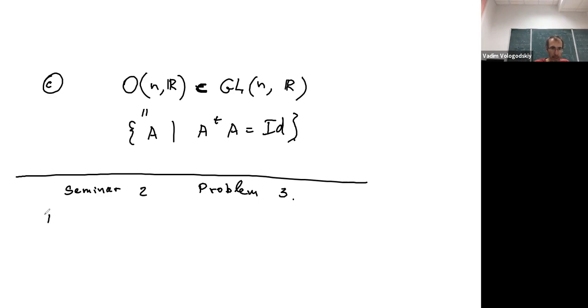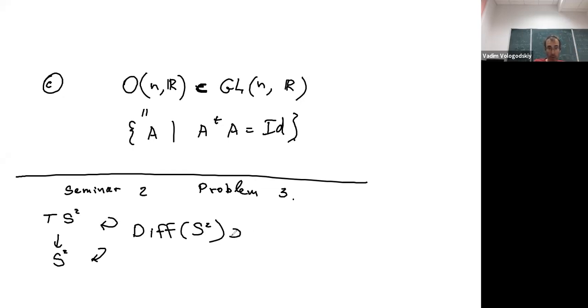So we have the tangent bundle to S2. As we discussed, we have the group of diffeomorphisms of S2, and it acts on everything. It acts here, and it acts here.